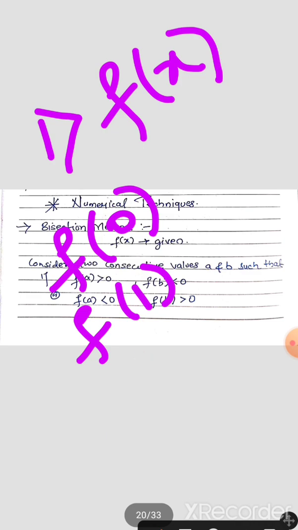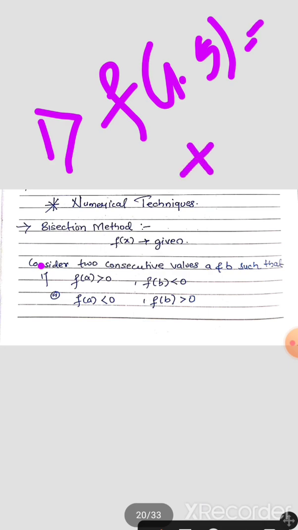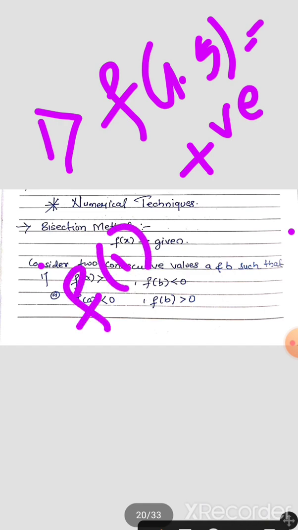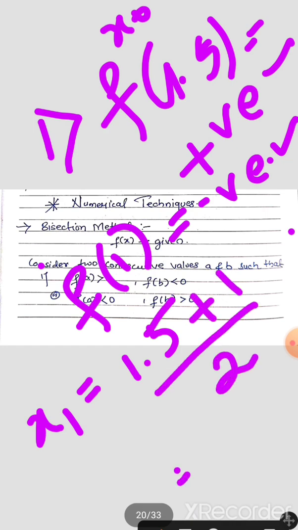Again, you just continue further: put the value 1.5 into the function and you will get some value. That value may be positive. Then, since we had a negative value at 1, the next root x1 lies between the positive value and the negative value, so take 1.5 plus 1 by 2 and find the value.